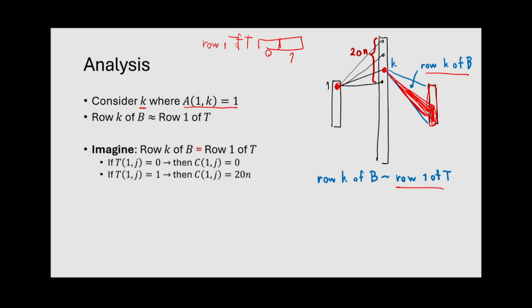If this is the case, then every single guy here only has neighbors in the second half of J.